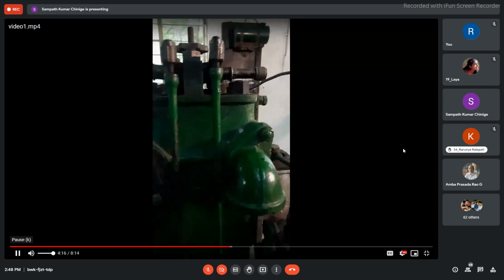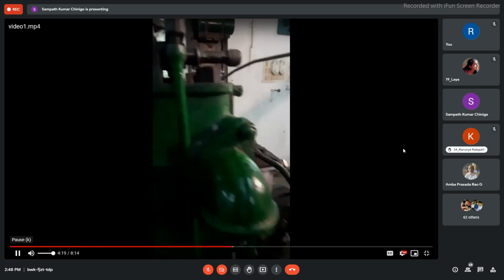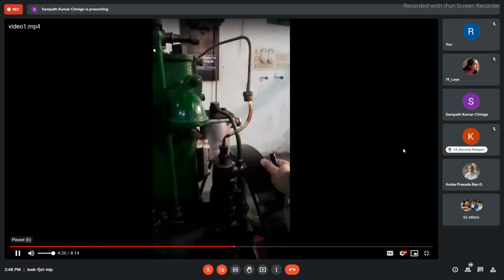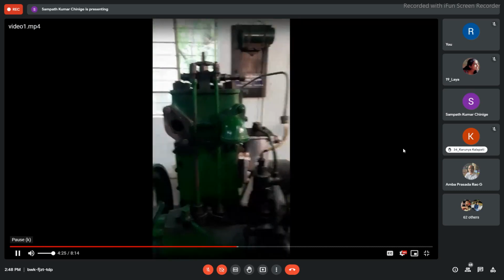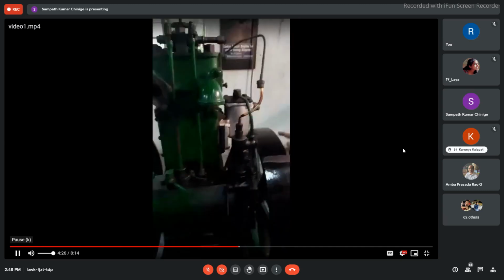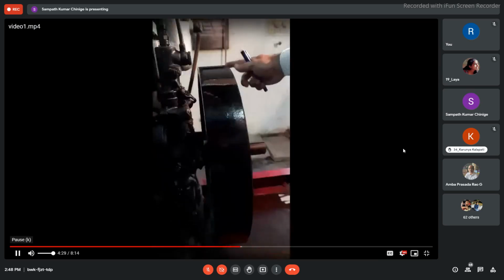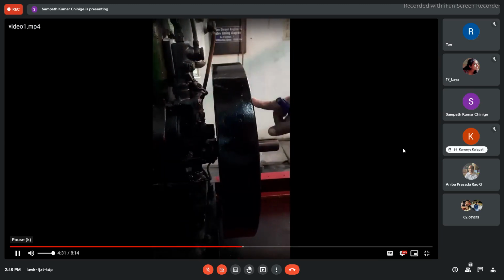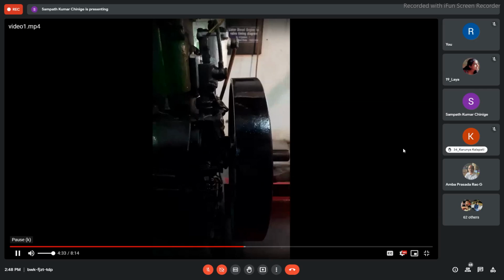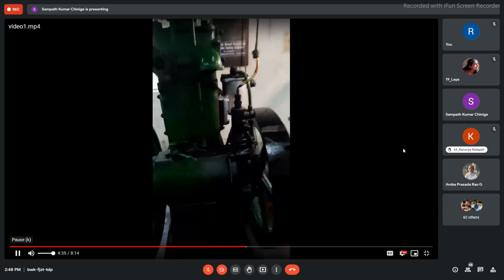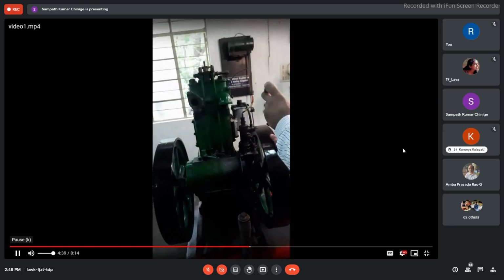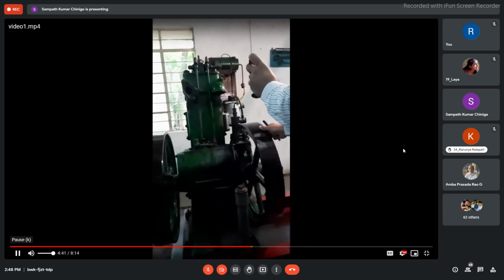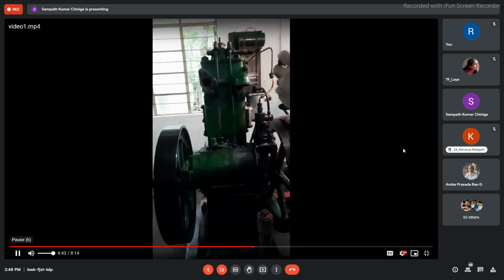Because they are connected through the gear drive, as I said, finally to the crankshaft. And on the crankshaft, you see that is a heavy disc. This disc we named a flywheel. By rotating the flywheel, you store the energy or you draw the energy depending on the requirement of the engine.